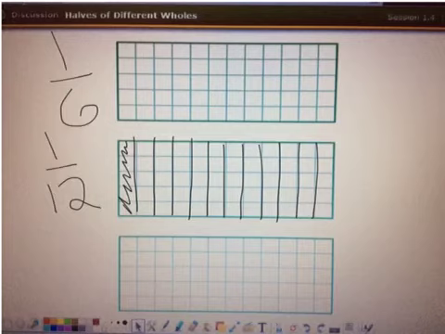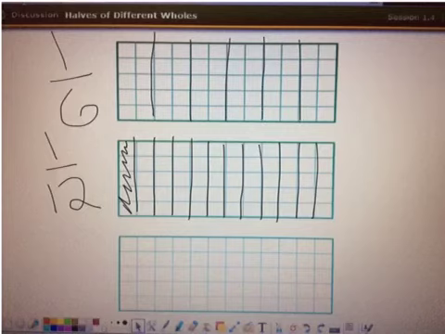Now 1/6 and 1/12 are related because 6 times 2 is 12. So when I do 1/6, I can just cut every other line like this, and that creates 1, 2, 3, 4, 5, 6 equal spots on my fraction, and then I can shade in one of them.